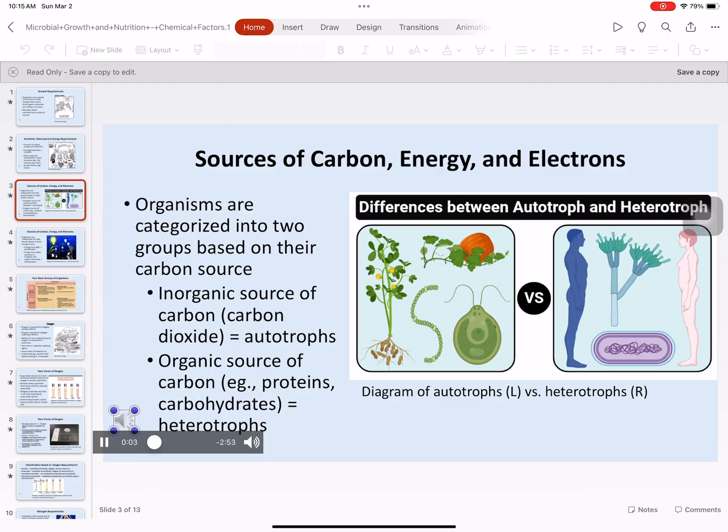So we learned previously that we could categorize, classify organisms based on temperature optima. So for instance, we are mesophiles because we work best at around 37 degrees Celsius.